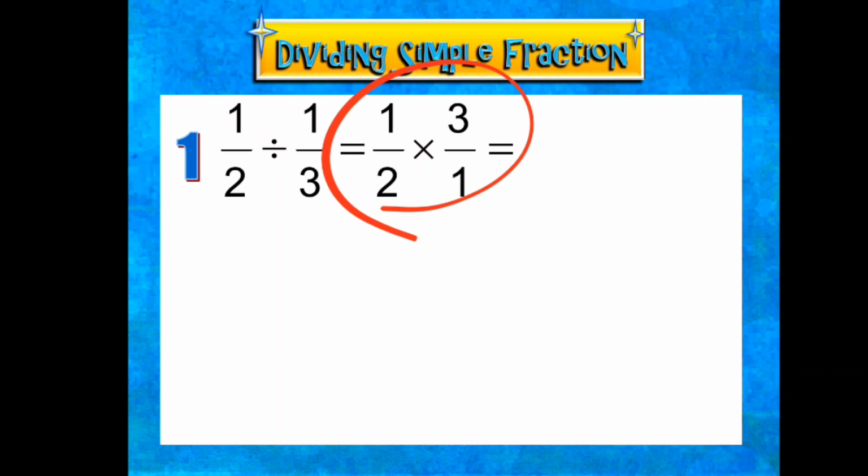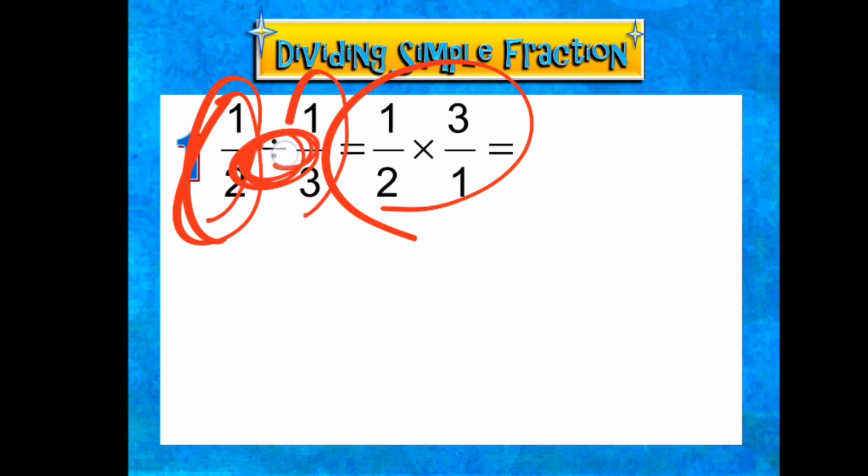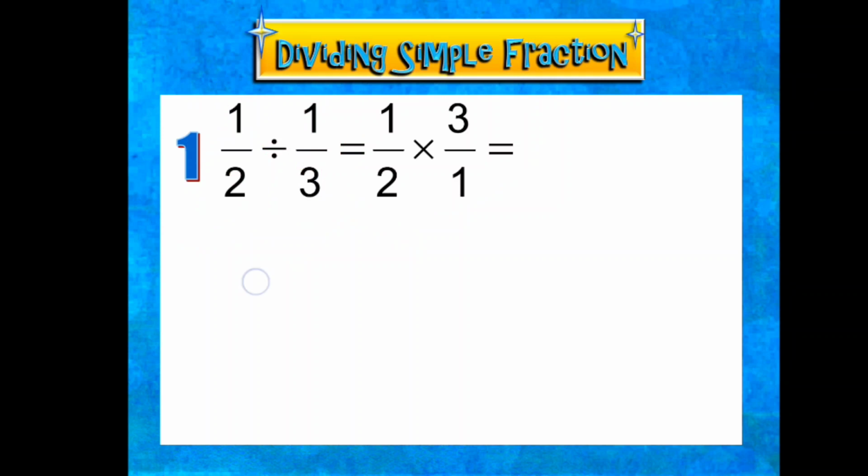Always remember that you have to keep the first, change this to multiplication, and then flip this one, 1/3. Okay, so your answer now is 3/2. So 3/2, that means 1 and 1/2. Always remember to simplify your answer as much as possible, and if it's an improper fraction, you have to convert that into a mixed number.